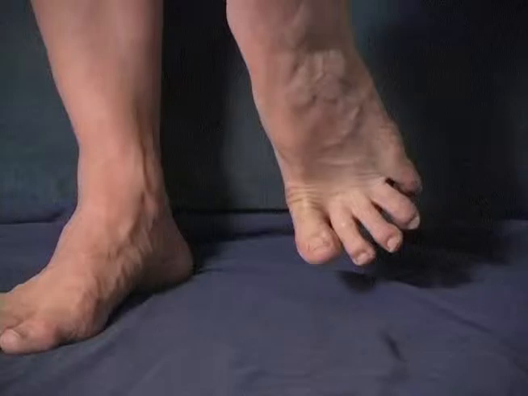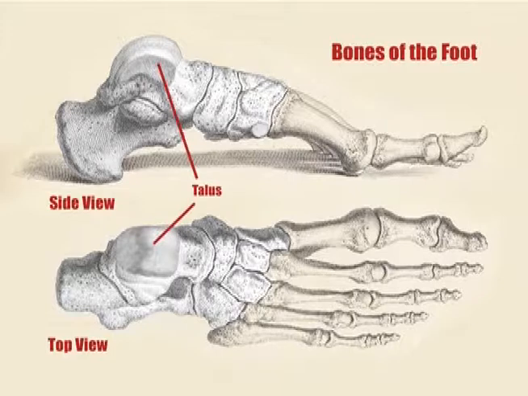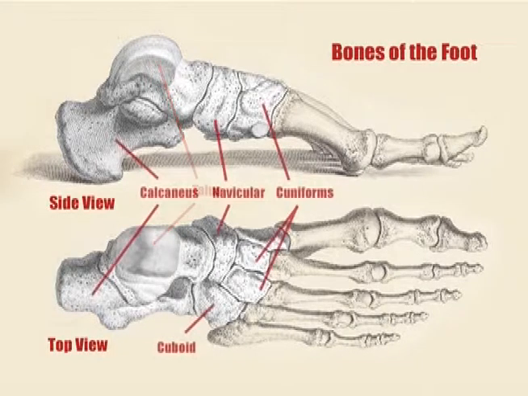The bones of the hand and foot are similar in arrangement. The bones that comprise the foot include the tarsal or heel bones, which include the talus, upon which rests the weight of the entire body, the calcaneus, the navicular, cuneiforms 1, 2, and 3, and the cuboid.